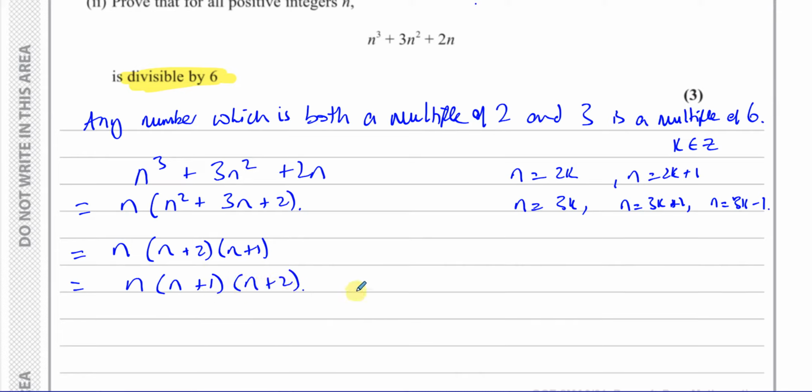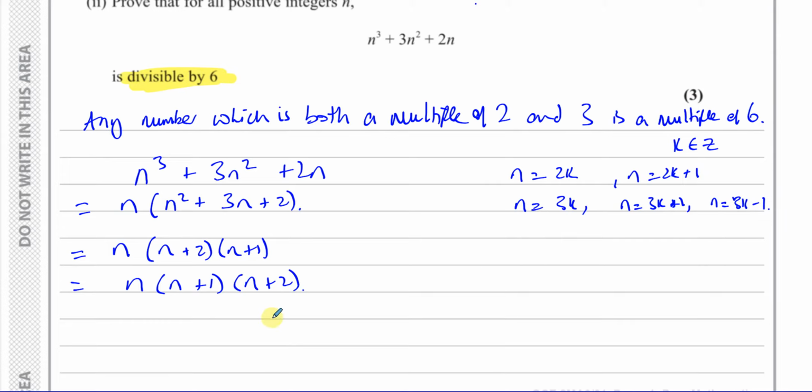Now, we could go about doing this with these expressions, and we can prove it by putting n equals 2k in here, n equals 2k plus 1 in here, and you'll end up with something which is a multiple of 2 in both cases. And it's a lot easier than showing it in this, a lot easier because of the way it's set up here as a product. And the same with 3k plus 1, 3k minus 1.